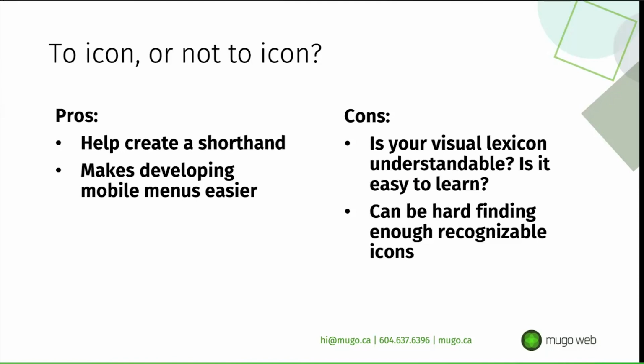As you're using them, the more you're using them, you're kind of creating a digital lexicon for your website. It's a shorthand. People see that, they know what it means, they can click on it and they can go to it. It also makes, when you are doing those responsive menus, much easier to condense some of that information.